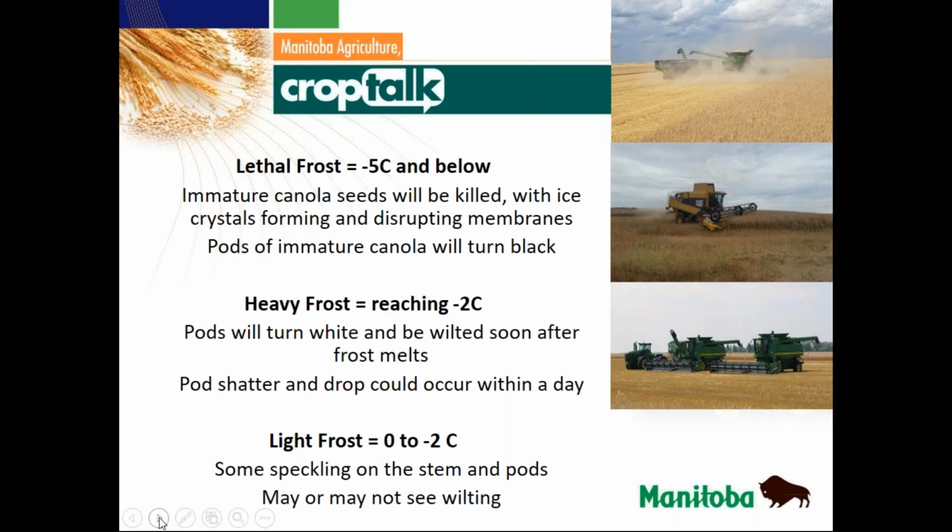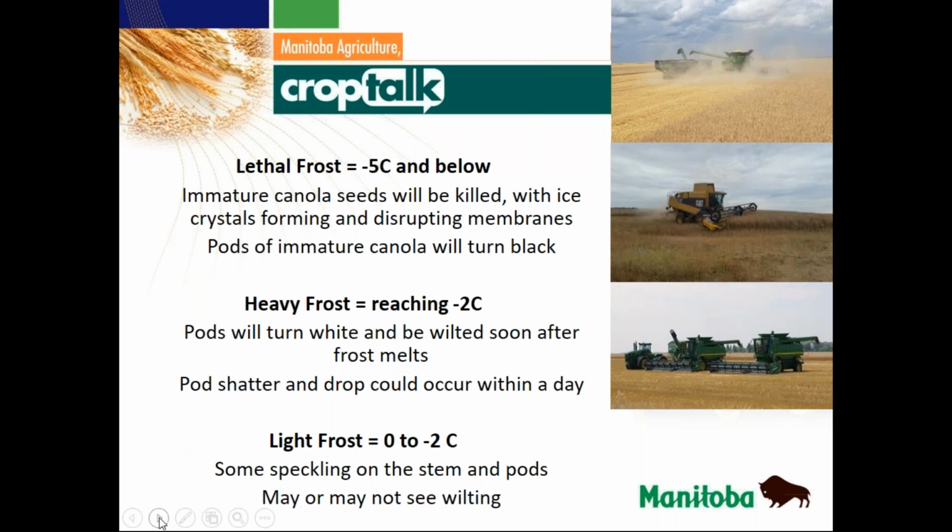So when you're looking at canola, the biggest question all the time is how bad was the frost, how cold was the frost, how long a time period did the frost go over. And I think the biggest thing is how cold it got. -5 and below is probably going to do a lot of damage.